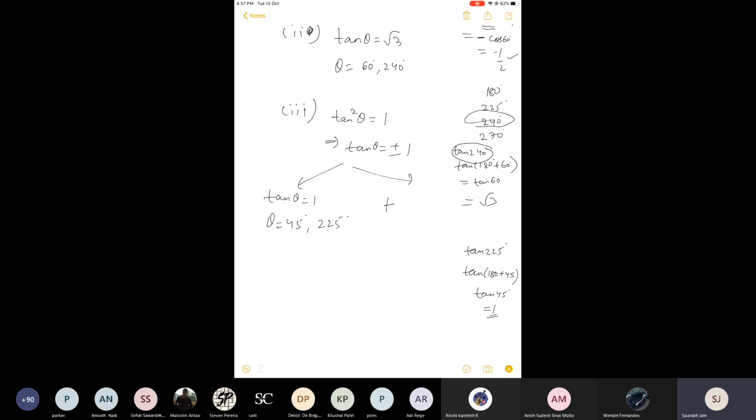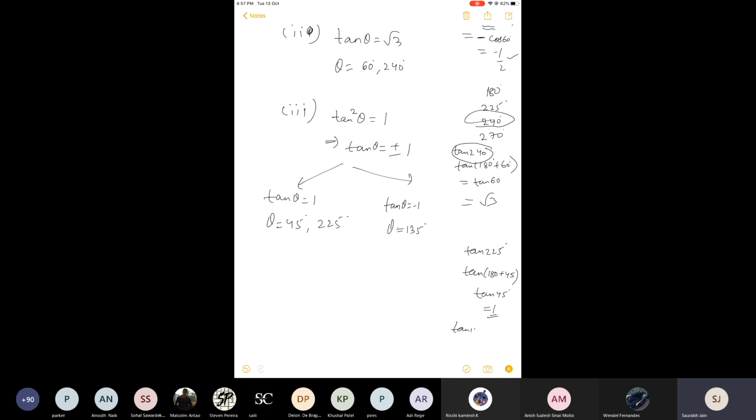Similarly, tan theta is minus 1. Tan is negative, so the angle will be in the second and fourth quadrant. The first angle where tan is negative is 135 degrees. Find the value. Now I won't be finding these values like this anymore. You have to understand yourself that I might have calculated these values by the reduction formula.